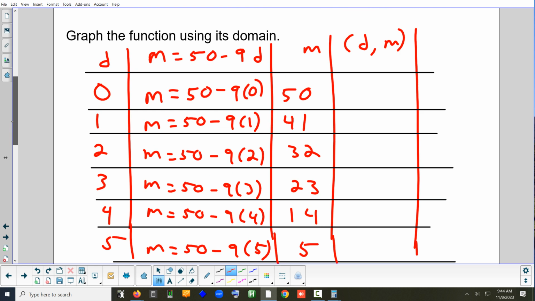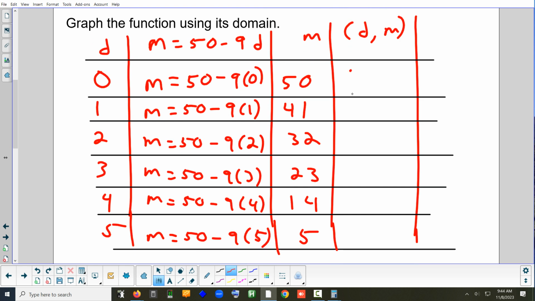Okay. So now let's write down the coordinates that we're going to graph. Sam, what's the first coordinate we're going to graph? 0, 50. Yep, 0, 50. Eli, what's the next one? 1, 41. Yep. How about Eric, what's the next one after that? 2, 32. So we got some big numbers for y.